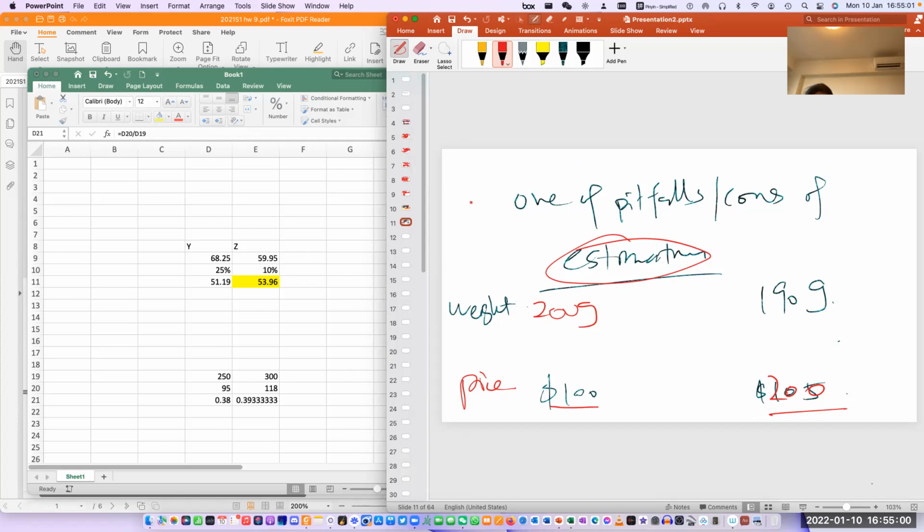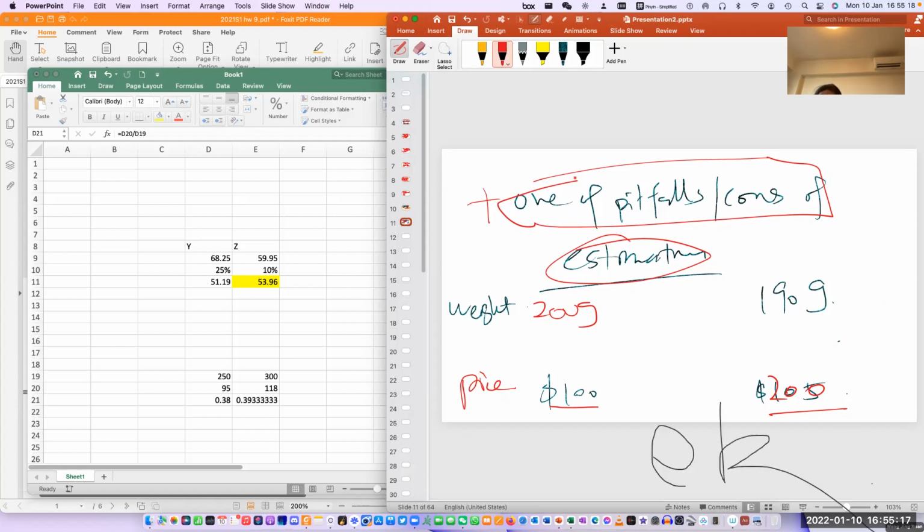So I also want to let you know that when you use estimation, please be aware of its pitfalls or shortcomings. Are you clear? Why we learn estimation is not because we don't want an accurate estimate.